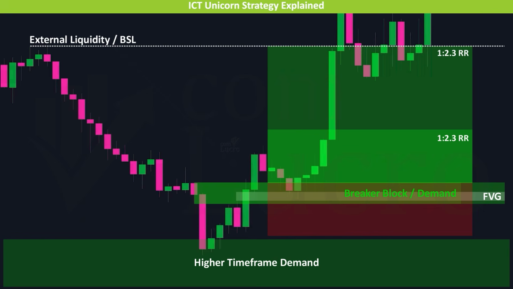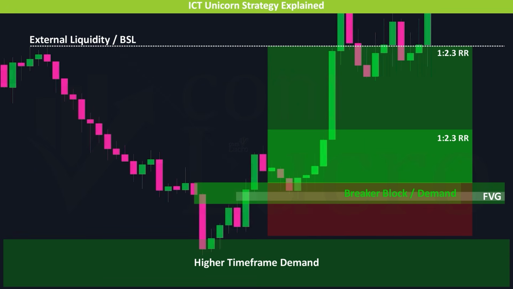For example, in the gold scenario, imagine price has reached a higher time frame demand zone. If the unicorn model forms inside this area, it creates strong confirmation. The higher time frame context supports the trade, while the lower time frame provides precision for execution.